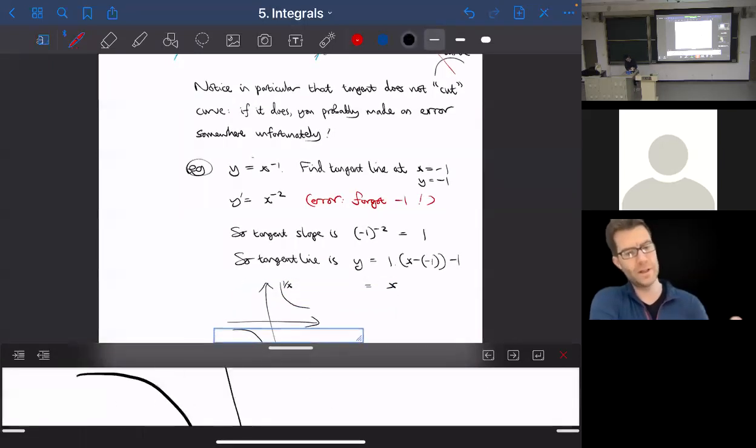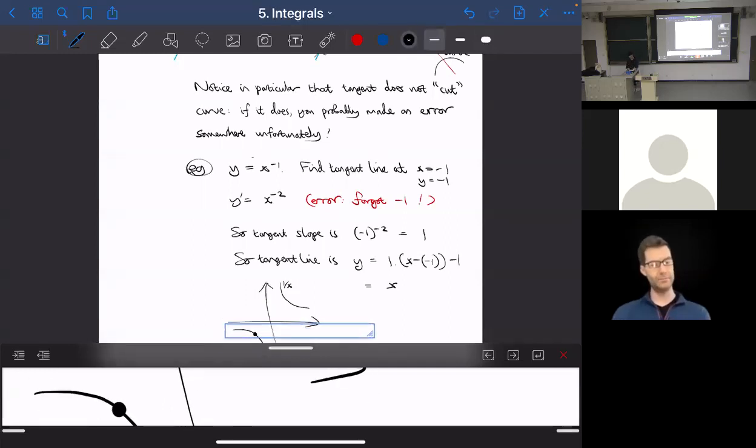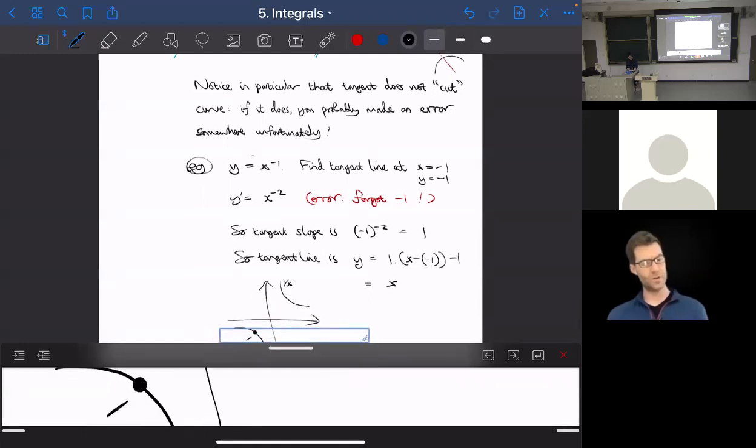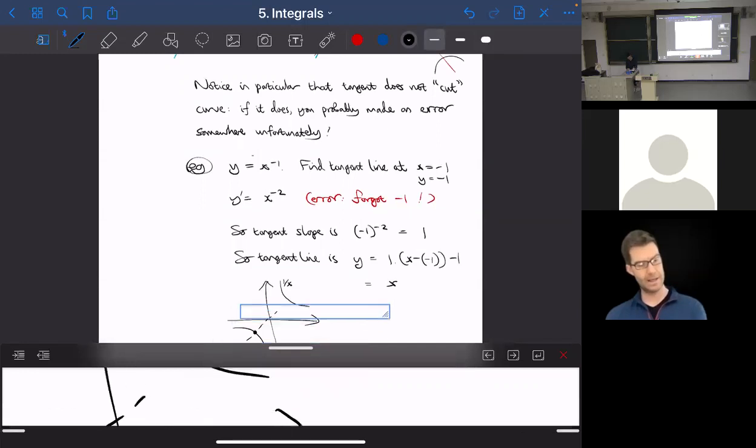And my point, minus 1, is here. And my tangent line, according to my calculation, is this. I'm just going to dot it.